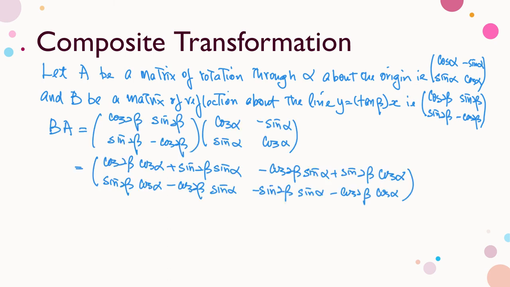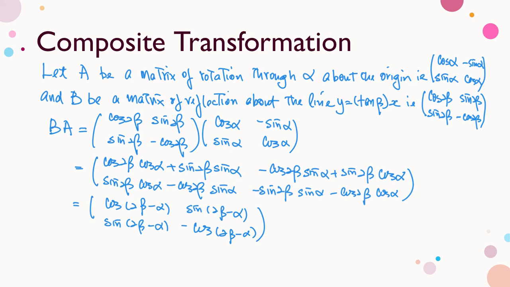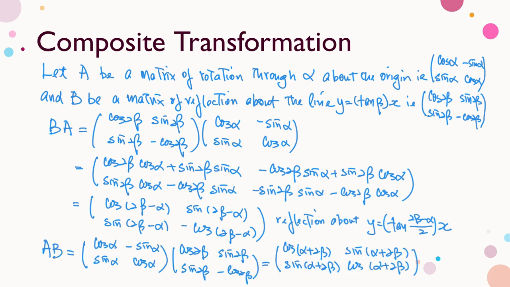We have BA refers to a reflection about the line where the angle is (2 beta - alpha)/2, and AB refers to a reflection about the line where the angle is (alpha + 2 beta)/2. The lines of reflection are different, that is, the order of the composition matters.